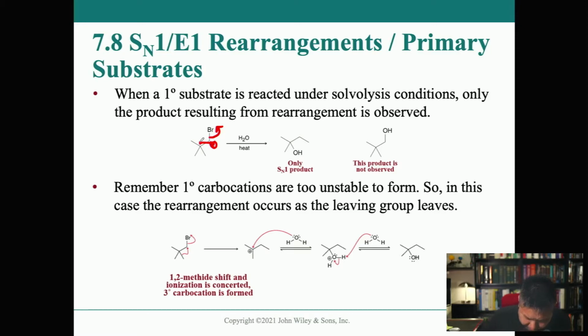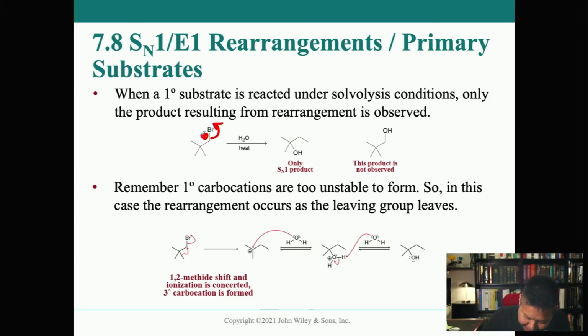Sorry, my arrow went the wrong direction there. Let me draw that again. We have the bromine leave, and that leaves us with a carbocation right there on that carbon, which makes it a primary carbocation. And that's not very stable, right?